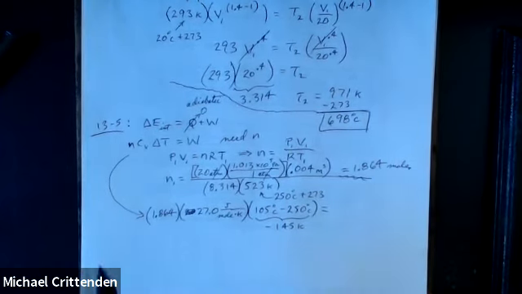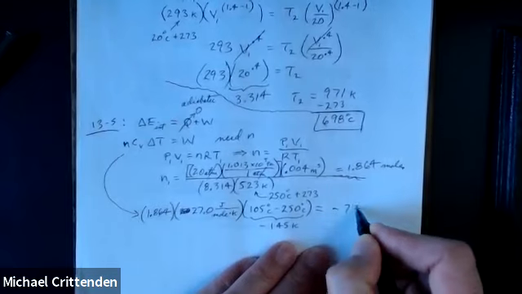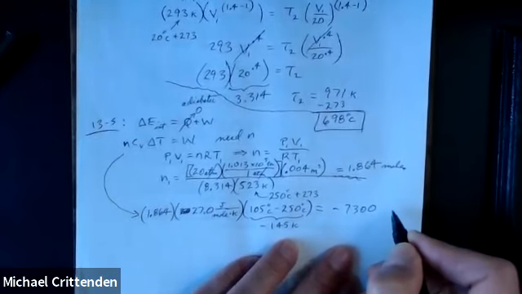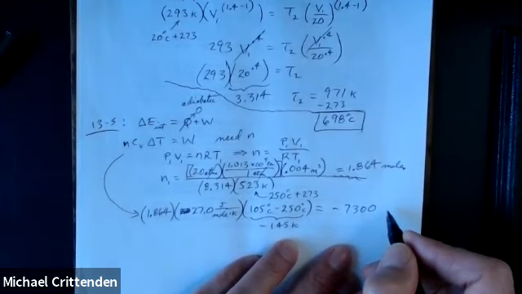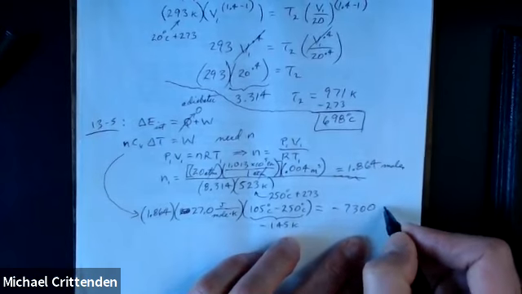So that times that times that, and we have minus 73, almost exactly. It's like 7298 or something like that, rounding off to three significant figures, 7,300 joules.